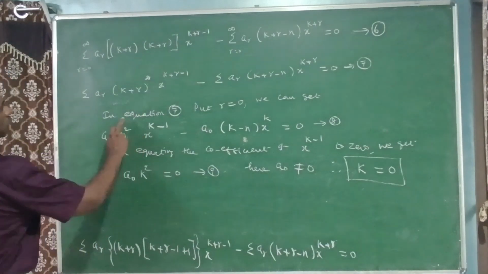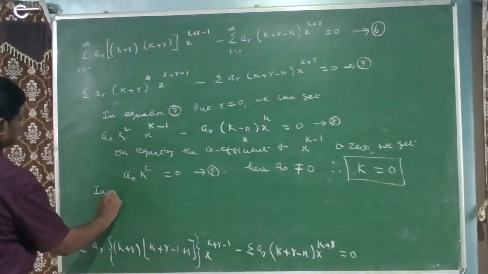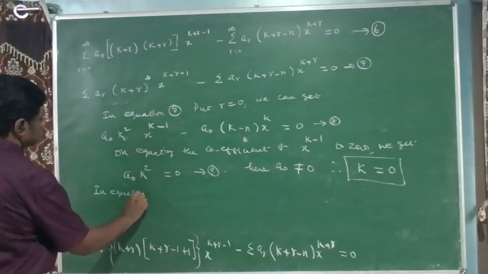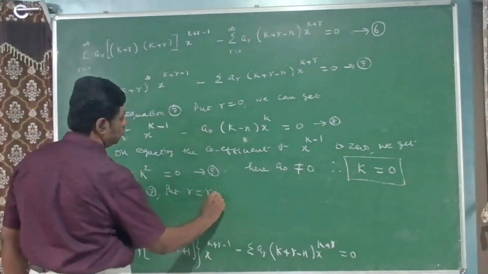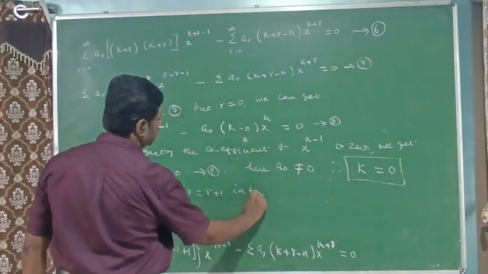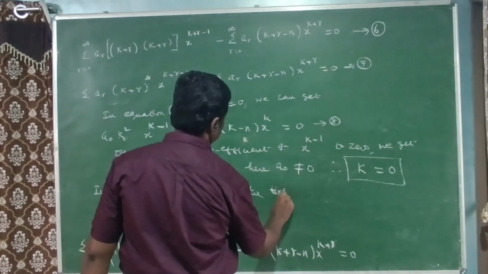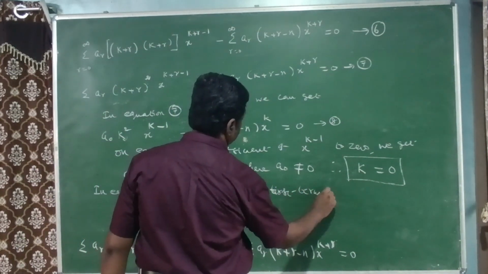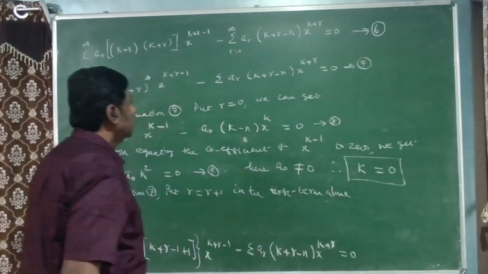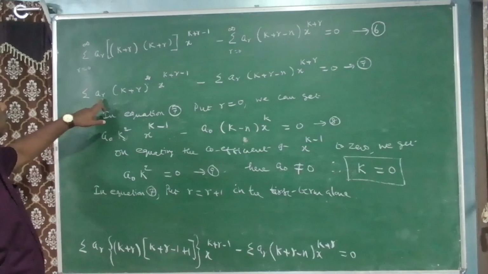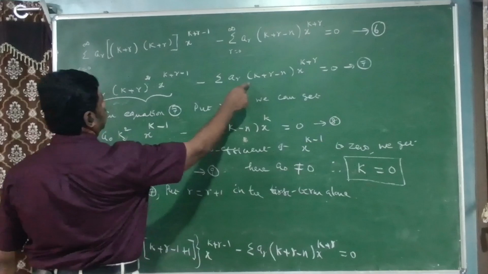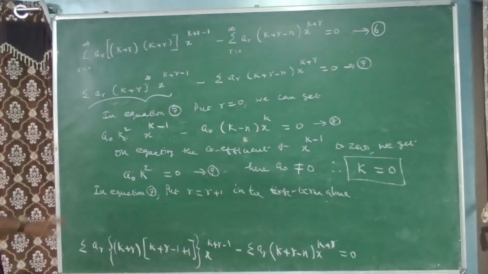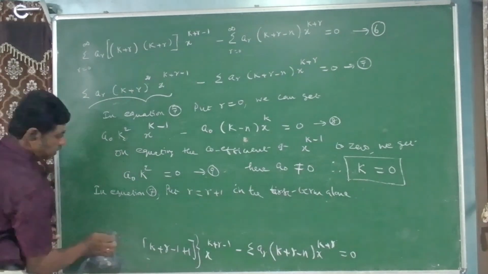Now in equation 7, put r equal to r plus 1 in the first term alone. In equation 7, we have to put r equal to r plus 1 only in the first term, not in this term. This term should be written as such. Just replace r by r plus 1.